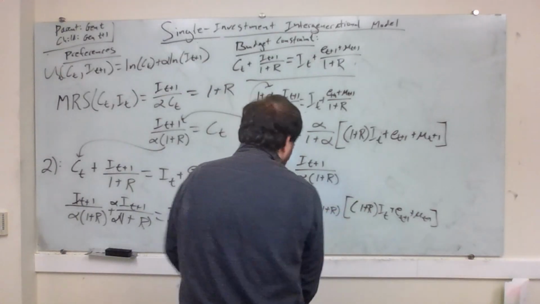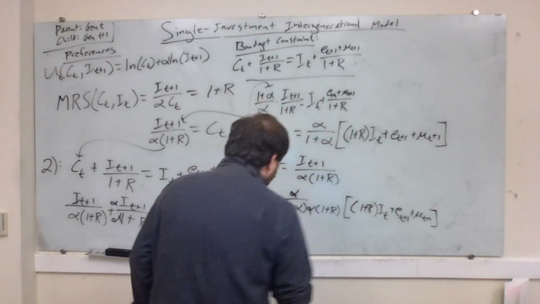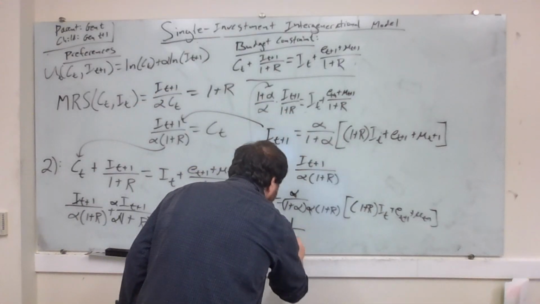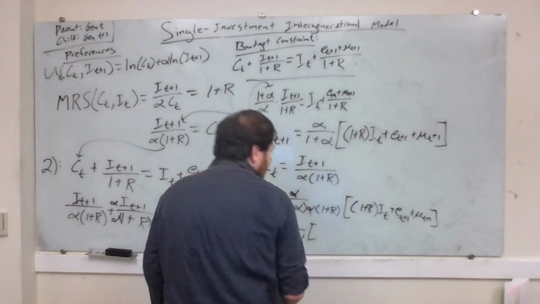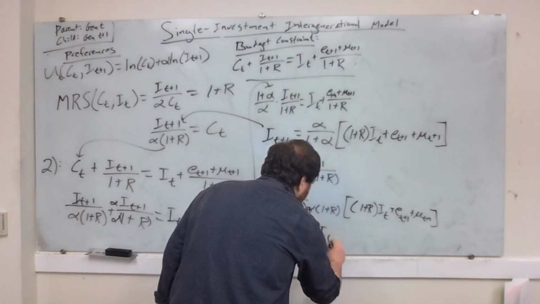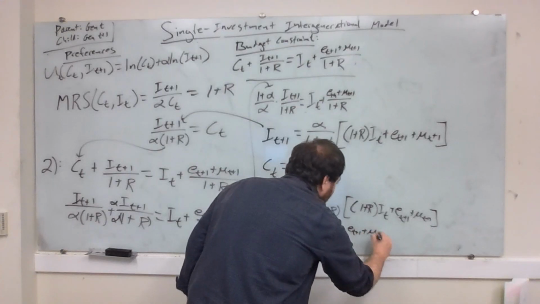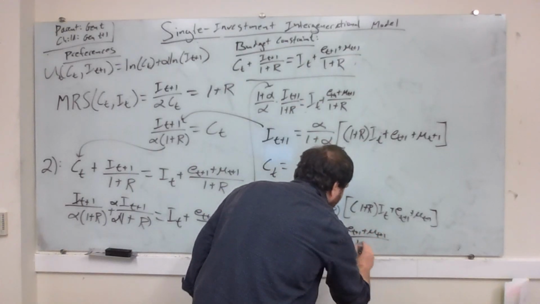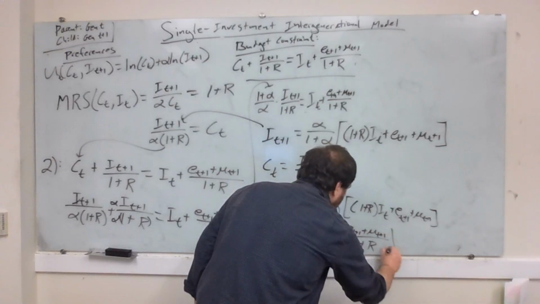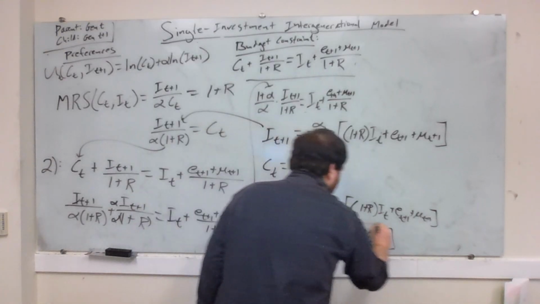The 1 plus r cancels with 1 plus r here. So this is going to be 1 over 1 plus alpha times i_t plus e_t plus 1 plus mu_t plus 1 all over 1 plus r. Lovely.